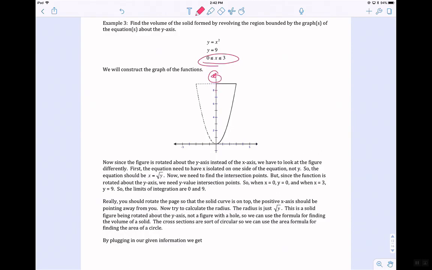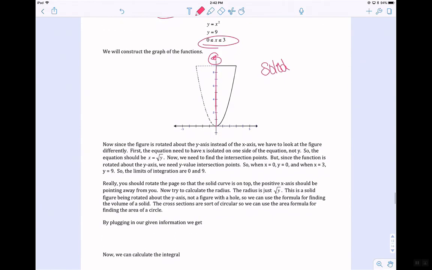Because I'm cutting it off at x equals 0, and that is the same as the axis of rotation, then this figure is a solid, okay? We will then figure out what the intersection points are.